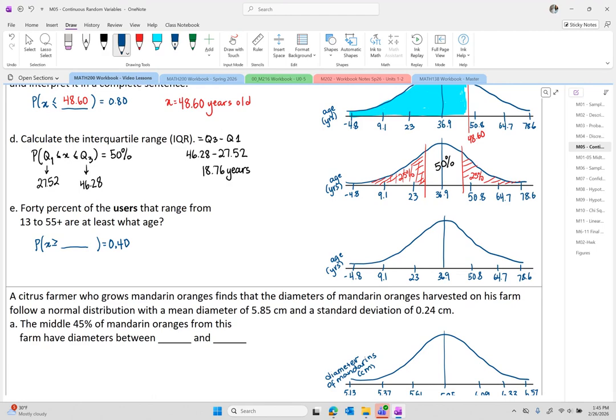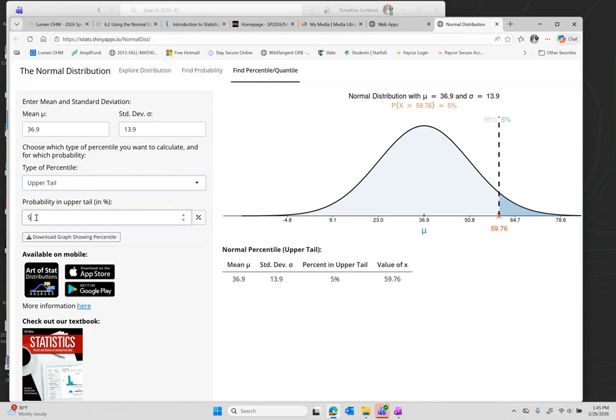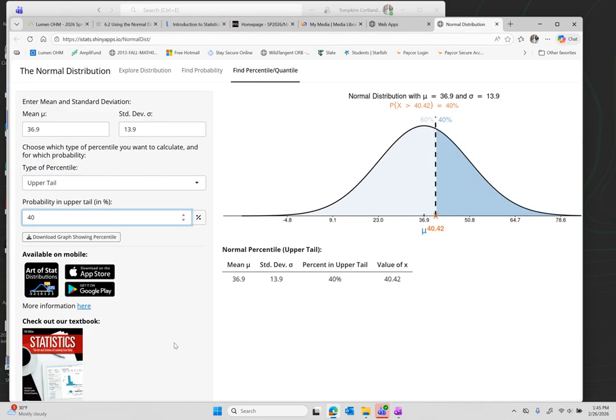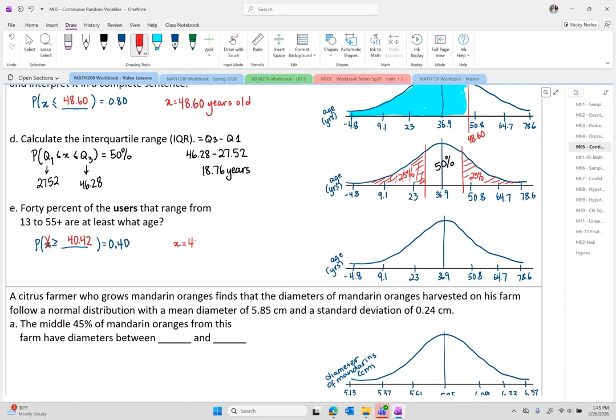Again, in Art of Stat, this will be an upper tail with a probability in the tail of 40%, and that value will be 40.42 years old. So the X value of the variable is 40.42 years.